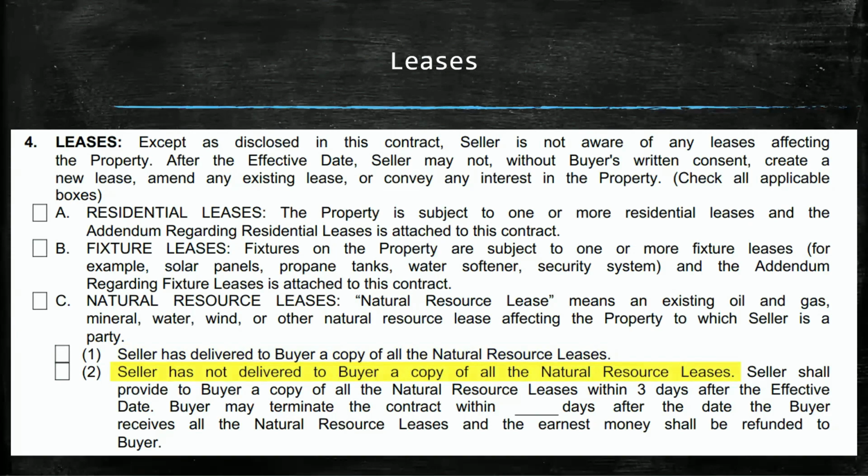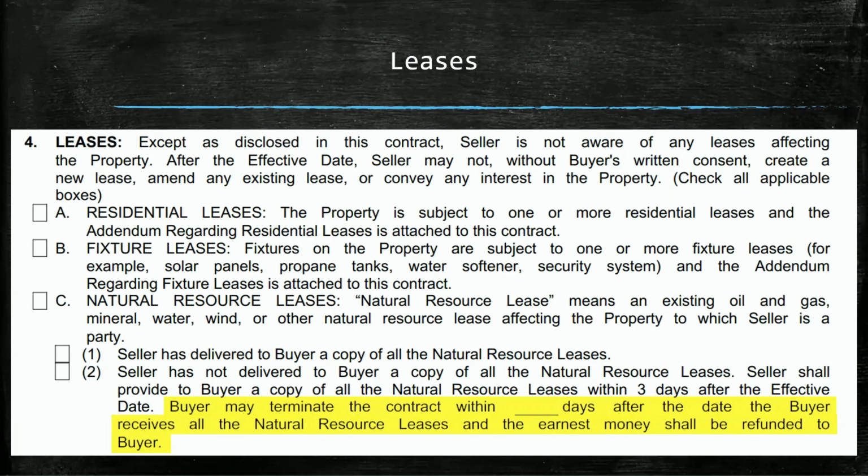And in that case, the seller will provide to the buyer a copy of all the natural resource leases within 3 days after the effective date. The buyer then has an agreed number of days in which the buyer can terminate the contract and get back the earnest money. So if there are natural resource leases and if the seller does not provide them before the contract is executed, then the seller has to provide a copy to the buyer within 3 days after the effective date.